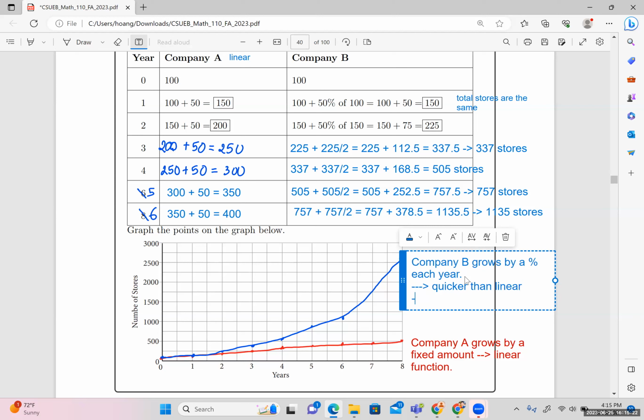We call it exponential growth, exponential function. Say that. That's all.